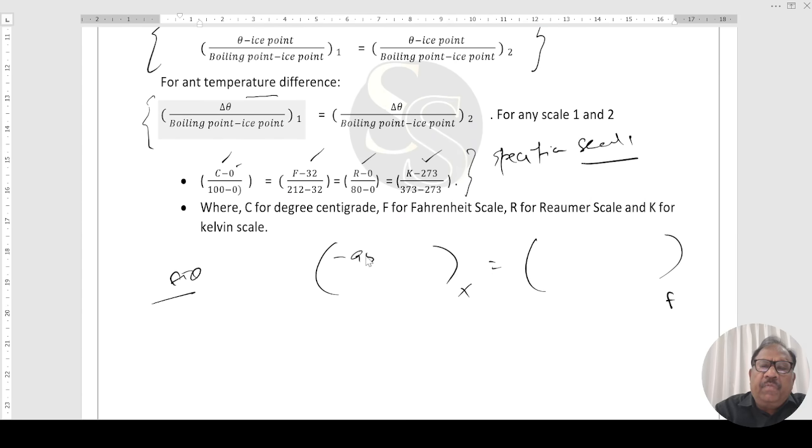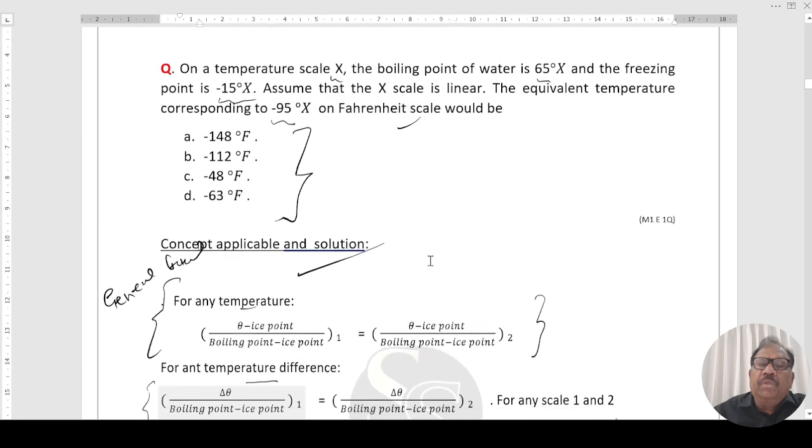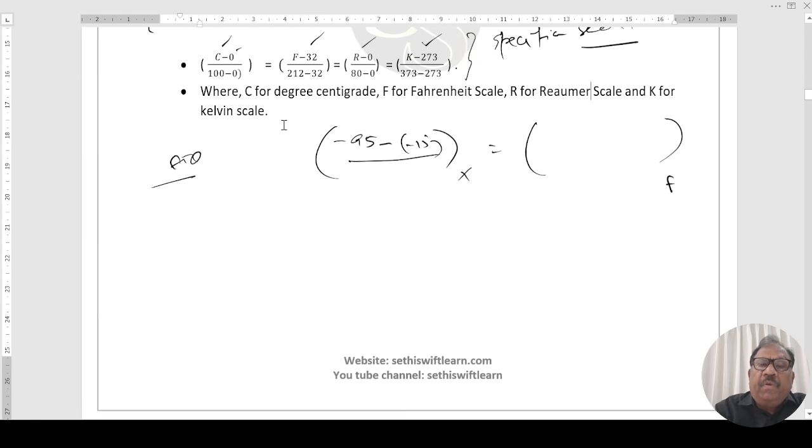Minus 95 minus the ice point, which is minus 15, and the boiling point of water is 65, so 65 minus minus 15, equal to F minus 32 upon 212 minus 32.